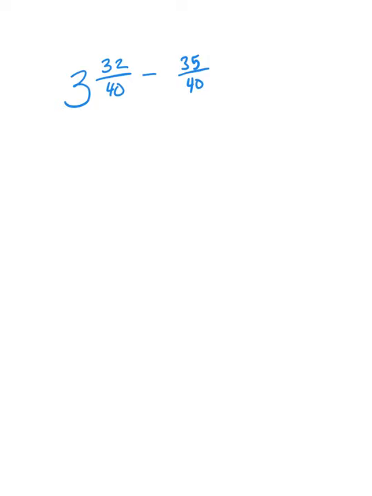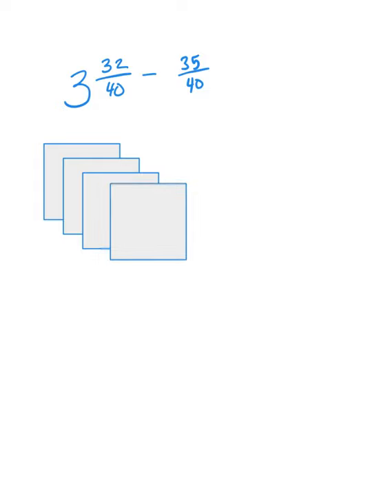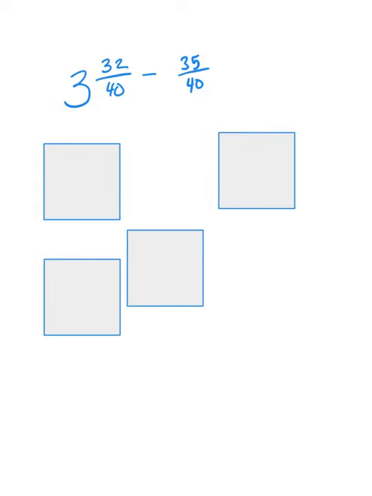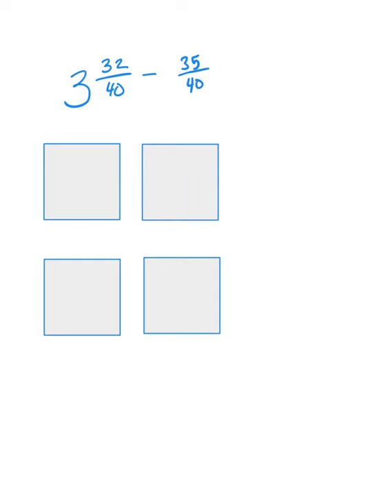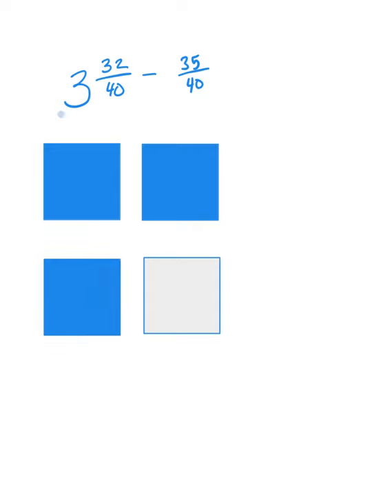Let's look at that another way using a visual model. I'm going to show 3 wholes, 1, 2, 3, and then a 4th. The first 3 wholes are going to be entirely filled with color because that's going to be my 3 wholes, of course.